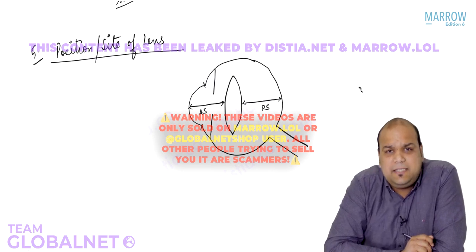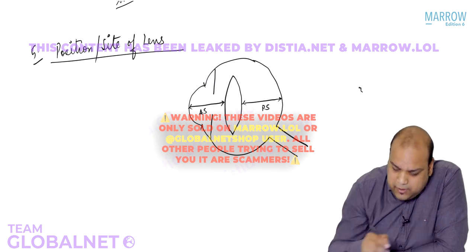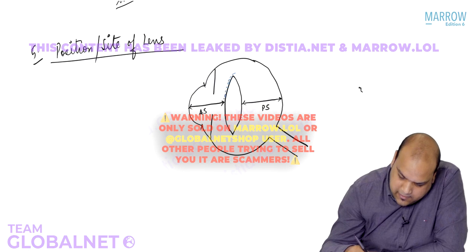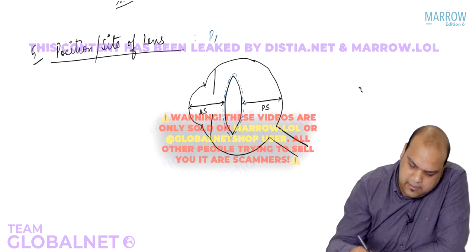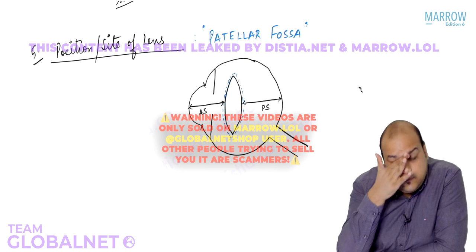Can I say lens is present between anterior segment and posterior segment? Yes, I am not wrong. But what is this space known as, everybody? This space where the lens is present gets a name, and that name is called patellar fossa.